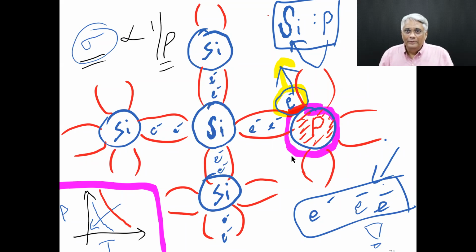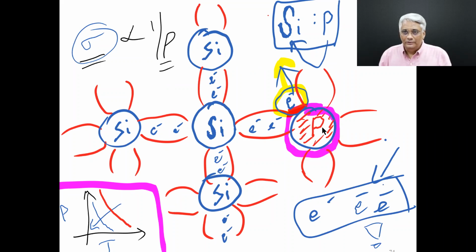And when I bring in phosphorus, which is a pentavalent element, it can share 4 of its electrons with 4 neighboring silicon atoms, like the complete shell of silicon, what silicon does with 4 neighboring silicon atoms. See, you can also understand now in a perfect silicon lattice, there are no excess electrons. All these electrons are shared with the neighboring silicon atoms.